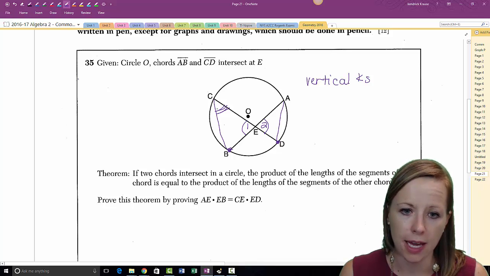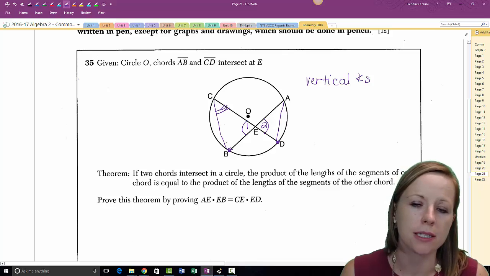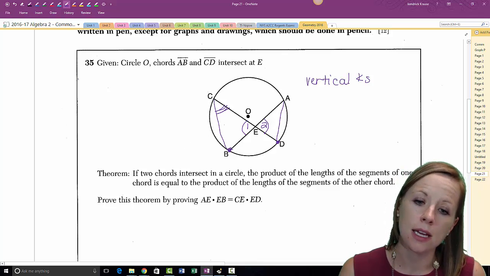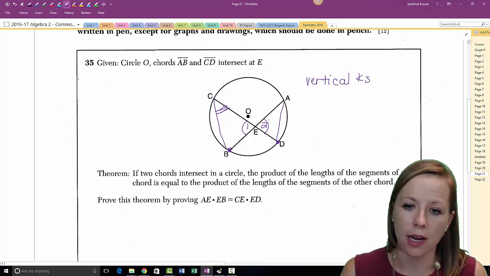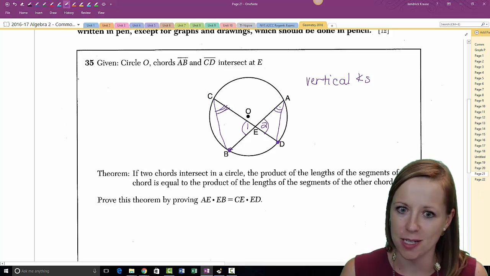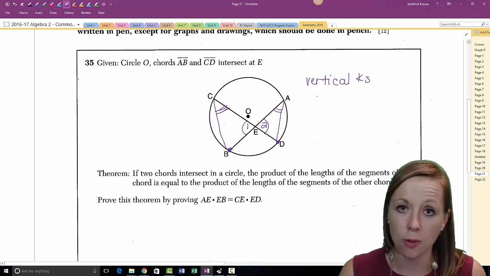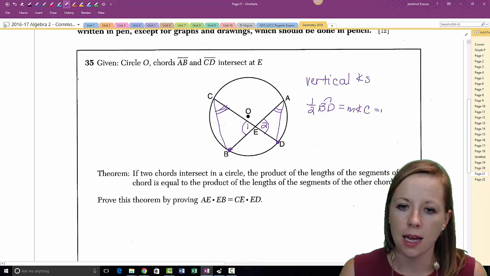So don't we know that angle C, it's an inscribed angle, is half the arc of BD? And follow the other lines to the other triangle. A is also half the arc of BD. Oh, okay. So I'm going to say something about that. 1/2 the arc of BD is equal to the measure of angle C and the measure of angle A, right?